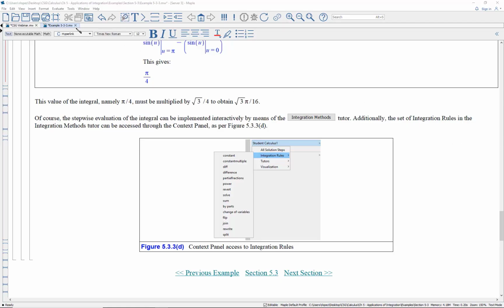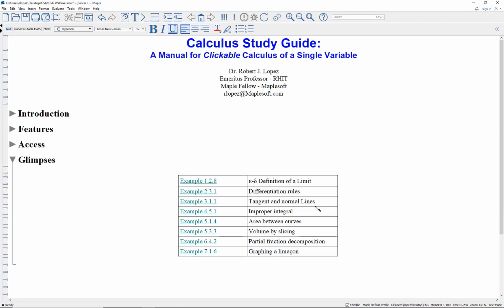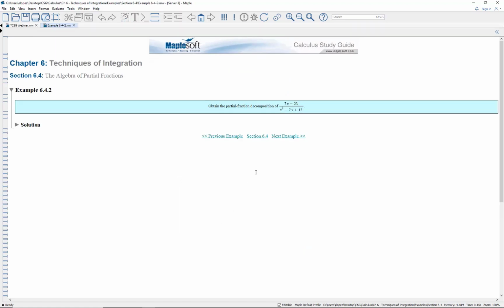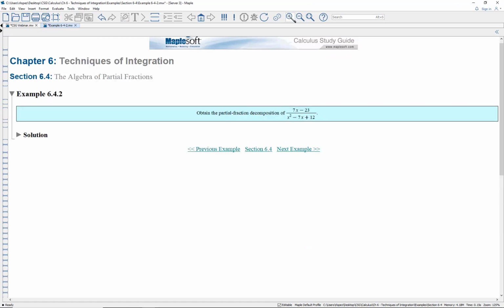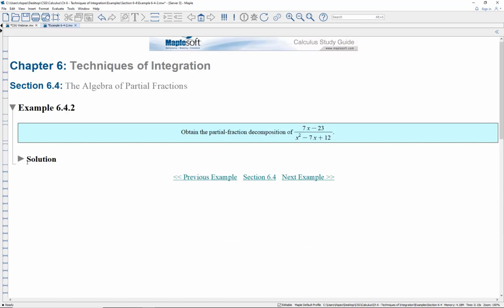Now for the chapter on the special methods of integration, parts, partial fractions, so forth, I'm going to do this example of the algebra for partial fraction decomposition. All right, so this is just the algebra to get the decomposition. It's a different story where you learn how to evaluate the integrals that result.